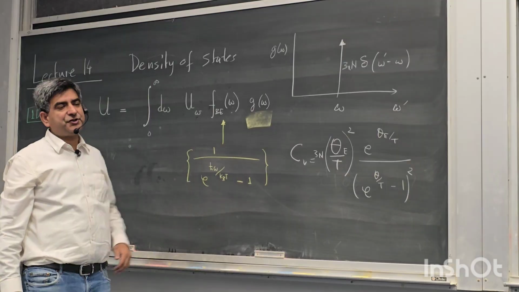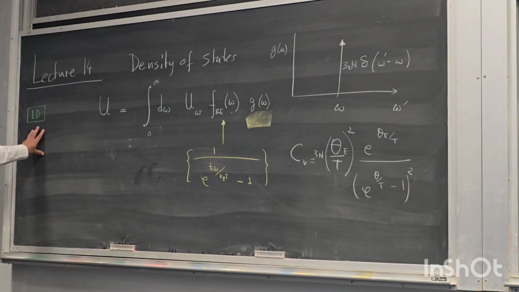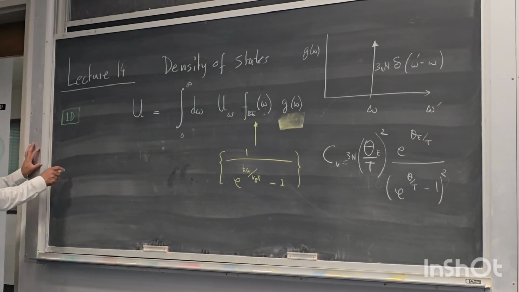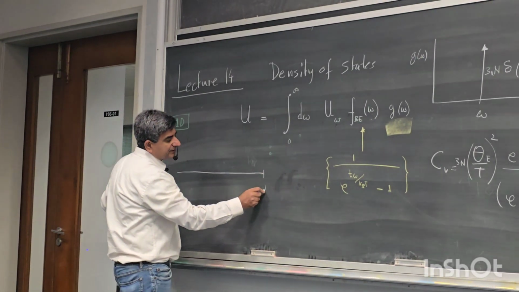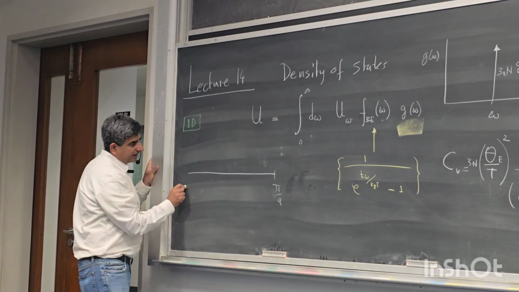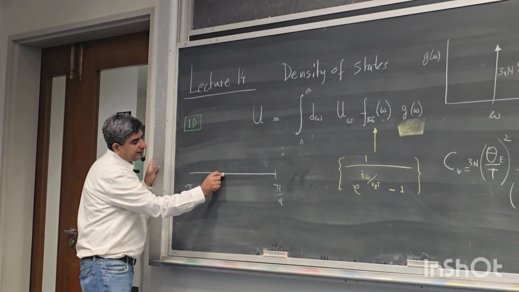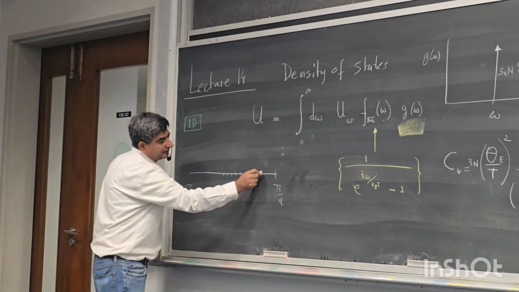So how do we derive this g of omega? First of all, let's look at 1D. In 1D, we know that in the first Brillouin zone, which extends from minus pi by a to plus pi by a, the k values are quantized.